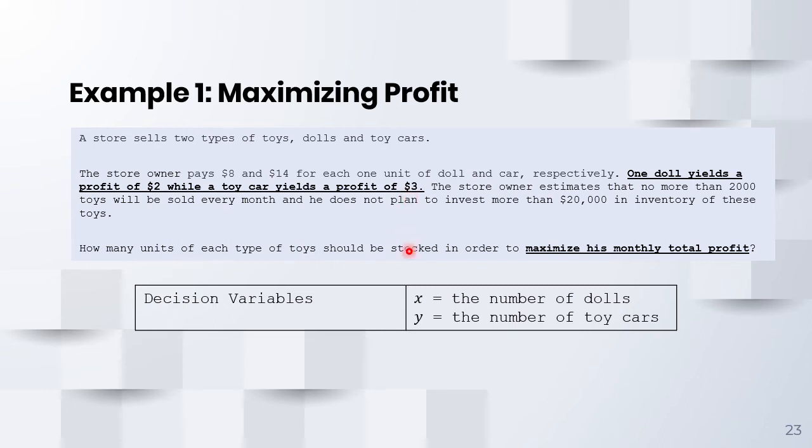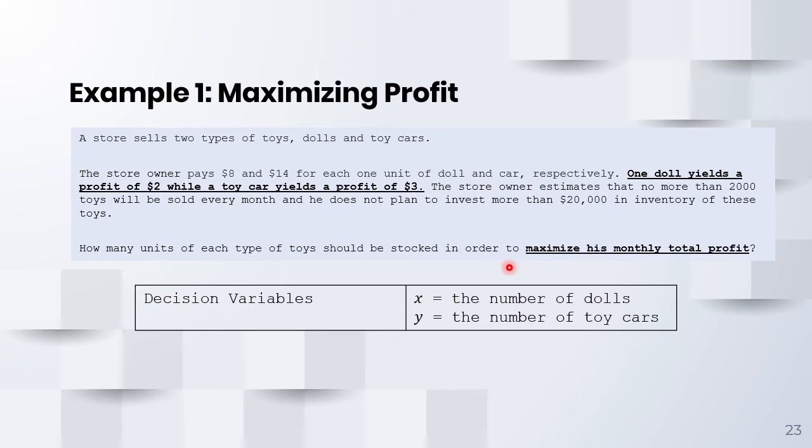If there are x dolls and each doll yields $2 in profit, and there are y toy cars and each car yields a profit of $3, how do we represent the total profit in that case?